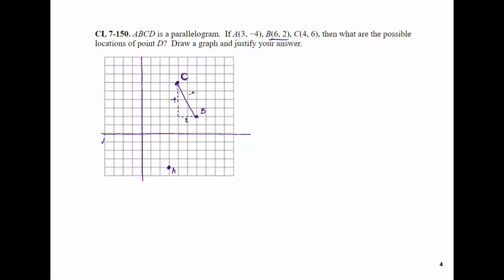So our slope is -4/2. If our slopes are the same, so in this case, if we rise 4 and go backwards 2, we could have an ordered pair at 1, 0 would be a solution to create a parallelogram.